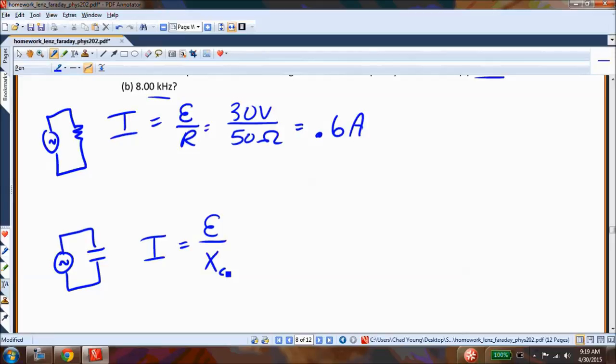The capacitive reactance, remember, is akin to our resistance, but instead of not being dependent upon the frequency, it is. The capacitive reactance is equal to 1 over omega d times C. So this would be dependent upon the frequency. The higher the frequency, the higher the current that you would get in this circuit.